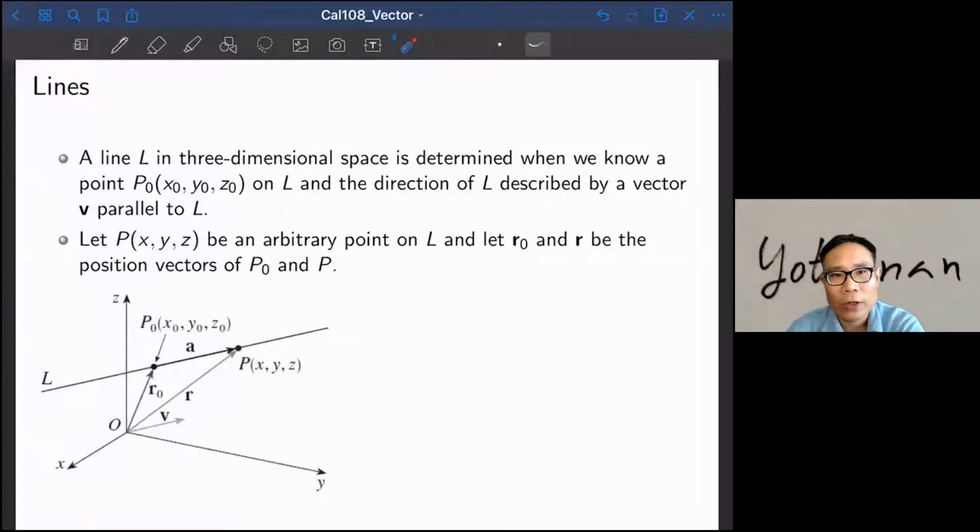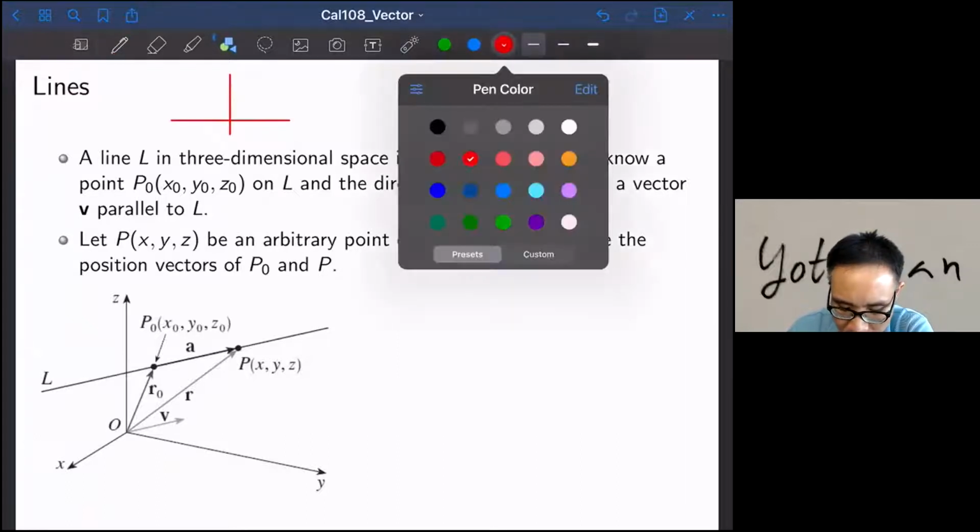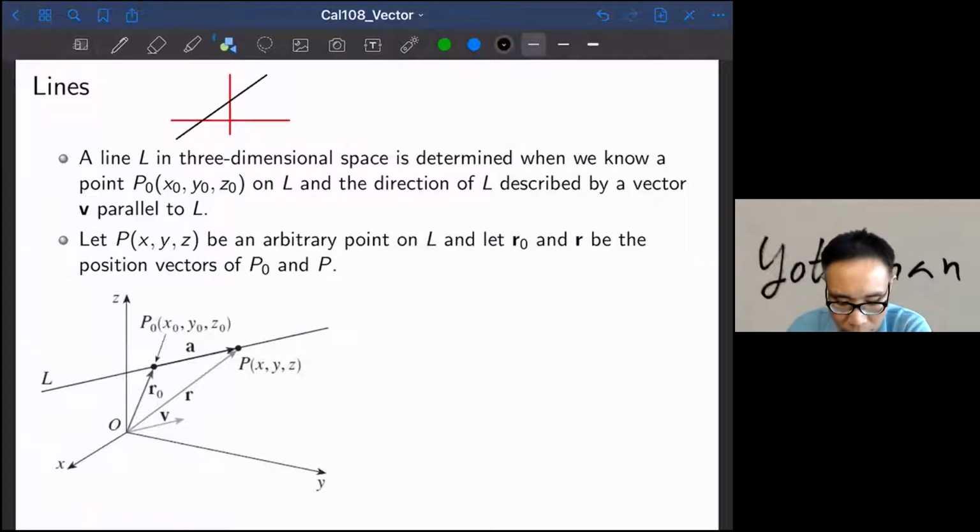In this video, we're going to talk about the equation of a line in three dimensions. If you recall the equation of a line in two dimensions, you have the x-axis and the y-axis, and the equation of the line is determined using the slope: y equals mx plus c.